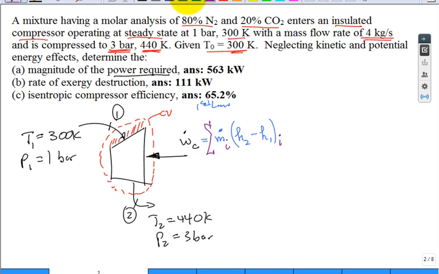You could also write it a different way, as the sum of n dots. I'm familiar with mass flow rates, but you could also do it on a molar flow rate basis. Then you would have H2 minus H1, but this time put a bar on top of those for each of those components. What do you mean by bar? Well, that's enthalpy on a molar basis.